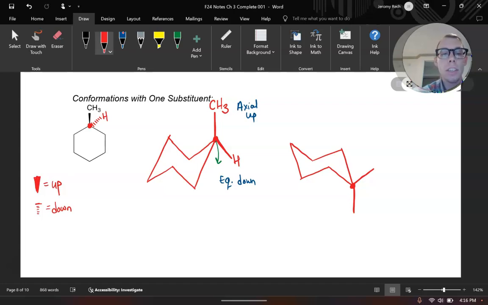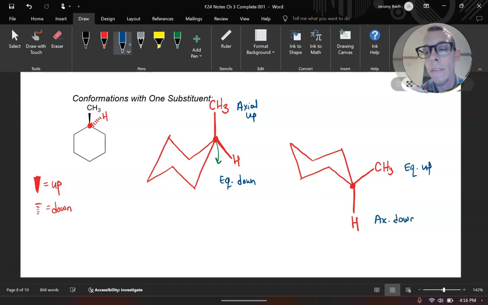My CH3 is still a wedge, and it must remain a wedge in all of these. So we are going to make sure that it's still up, and in order to be up, it needs to be in this equatorial position. So we're going to have our CH3 here, and then our hydrogen here. So now the CH3 is equatorial up, and my hydrogen is axial down.